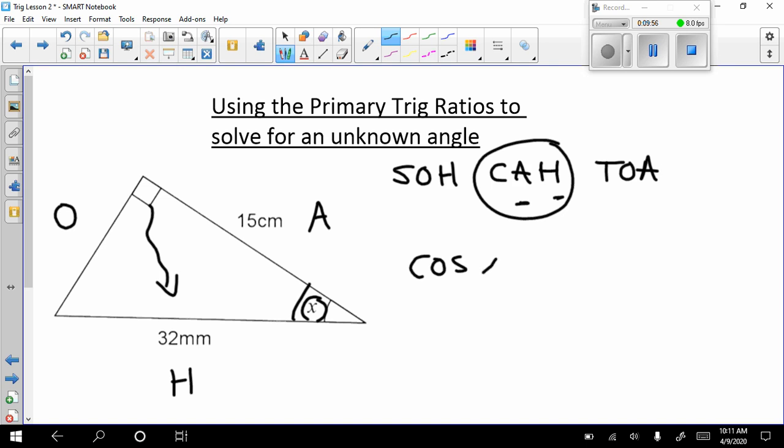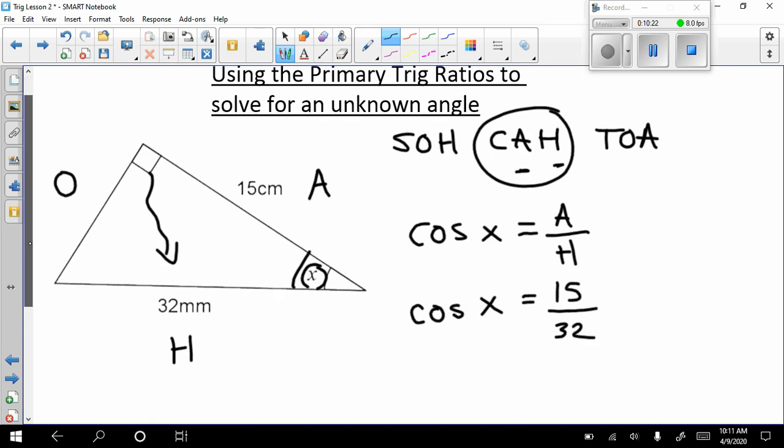So watch this. I write cos of the angle x, which is my unknown, is equal to adjacent over hypotenuse. That's what that means. CAH, it's adjacent over hypotenuse. That's the ratio. And so watch, I'm going to now sub my numbers in. So cos of angle x is equal to adjacent, which is 15 divided by 32.